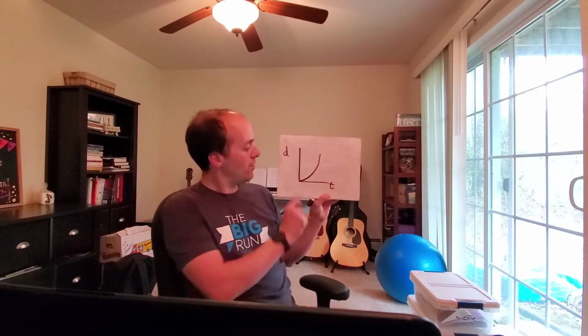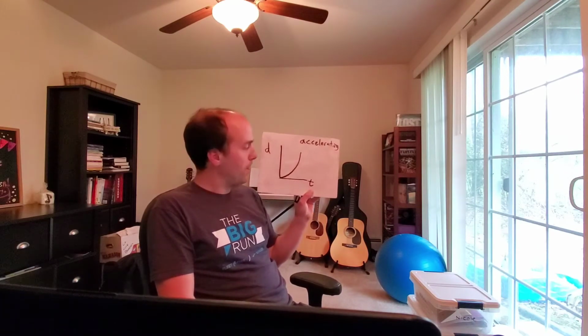So we have another way we can look at a displacement versus time graph, or another type of motion that we can look at, and it looks like this. Okay, you can see that the line curves. It's getting steeper and steeper and steeper. Well, this is an accelerating object.